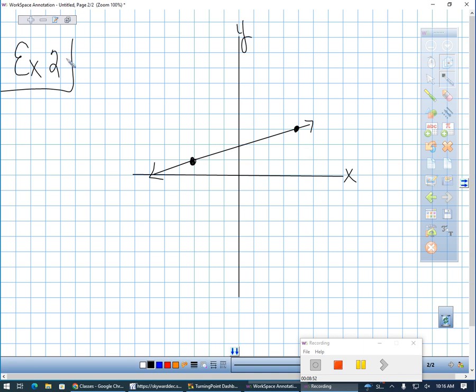Now for example number 2, I'm going to ask you to find the slope. Now when we're finding the slope from a graph where they give you 2 points, you are going to think of it as rise over run. You always start at the leftmost point.